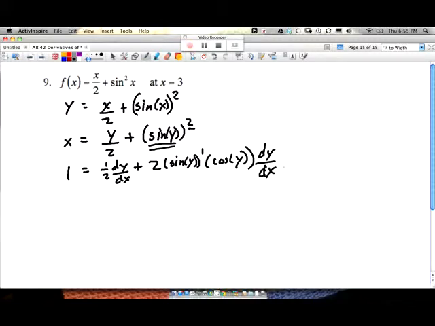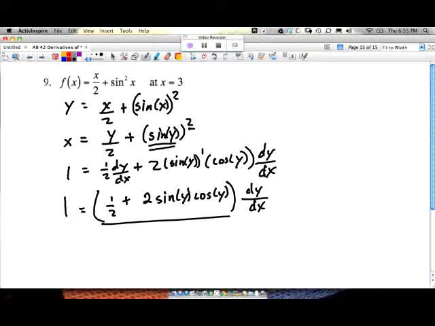Okay, so factor out the dy dx, and what do you got? We have 1/2 plus 2 sine y times cosine y, all times dy dx. So I got to divide by that on both sides.